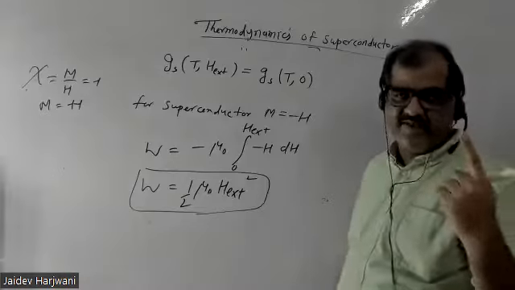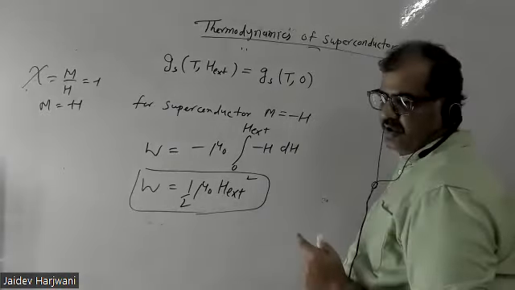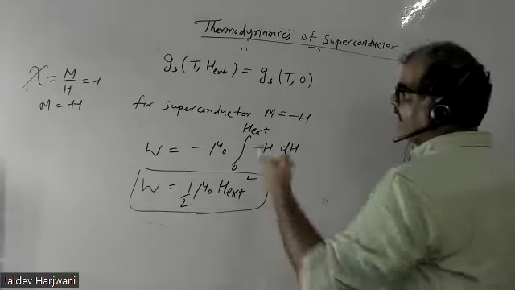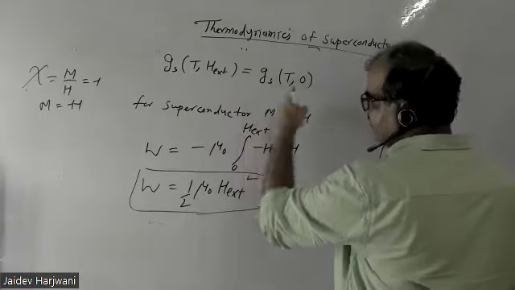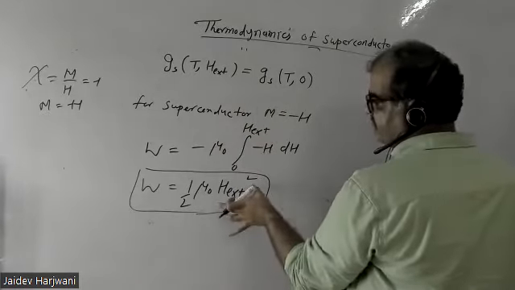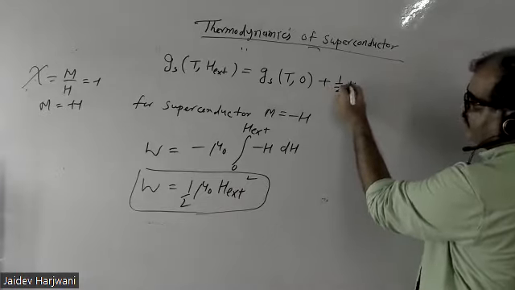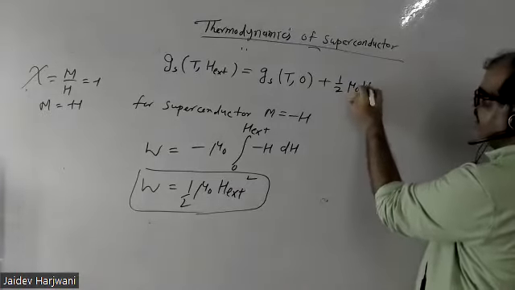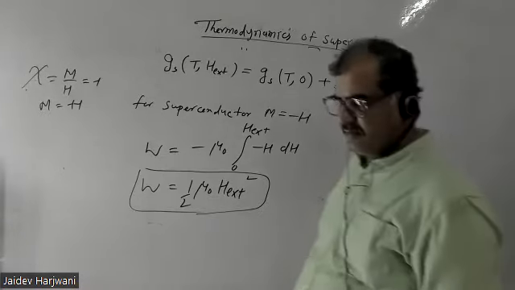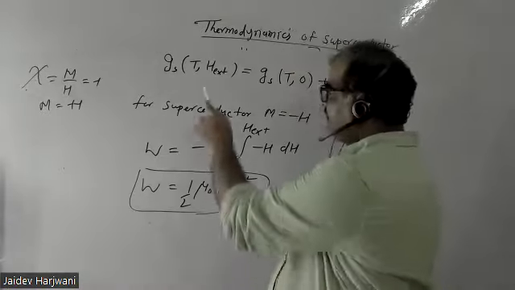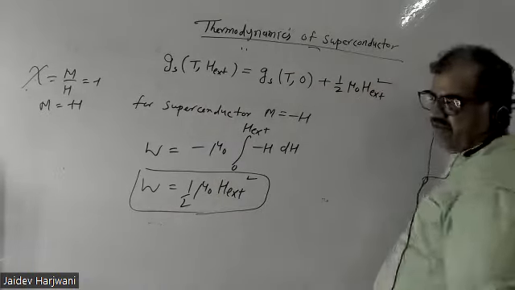Earlier my sample was in zero magnetic field, and that time its Gibbs free energy is Gs(T, 0), with T less than Tc. Now when I'm bringing this in a magnetic field, this energy will increase by this amount because this much work will be done. So I can write mu naught H_ext square. That means Gibbs free energy is a quadratic function of magnetic field.